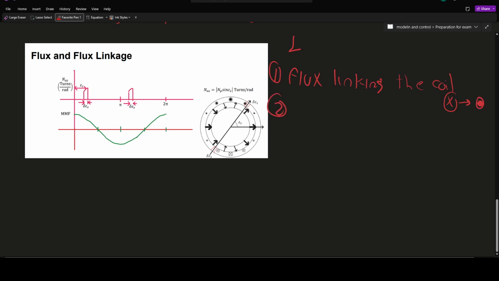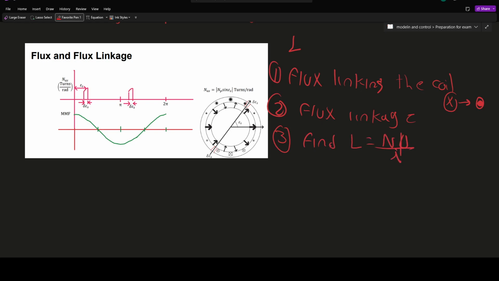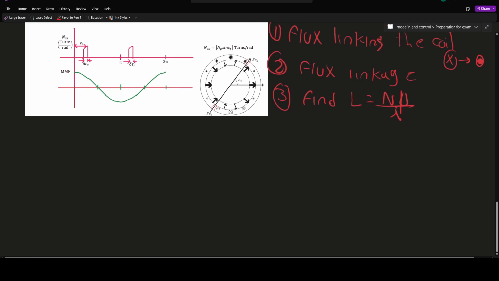Second, we need to find the flux linkage. And with the flux linkage, when we divide the flux linkage by the current, we find the L, that is flux linkage over current. Okay, so let's start doing this.